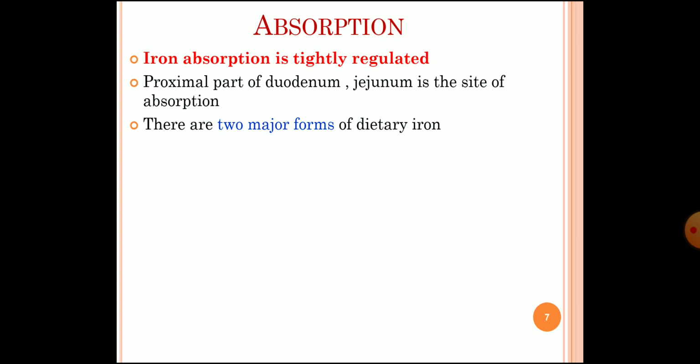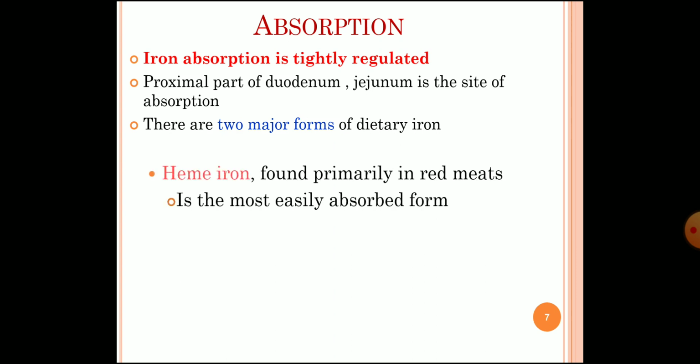There are two major forms of dietary iron. If you are taking food, you will get two types of iron in the diet. What are they? That is heme iron, found primarily in red meats and the most easily absorbable form.